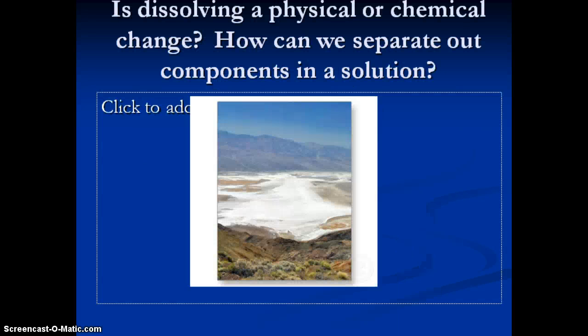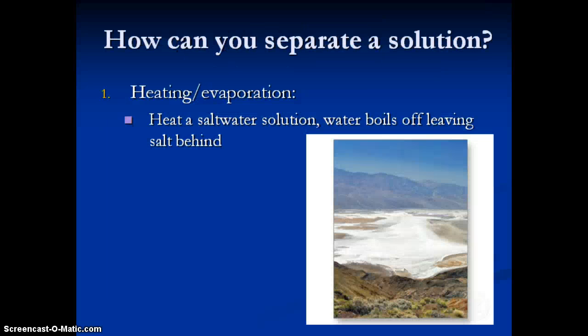So would we consider dissolving solutes and solvents a physical or chemical process? If we can separate out the solute from the solvent and it still retains the chemical identity of the individual components, then it would be a physical process. And indeed, we can actually separate out the solutes from the solvent. Different ways may include heating or evaporating the solution.